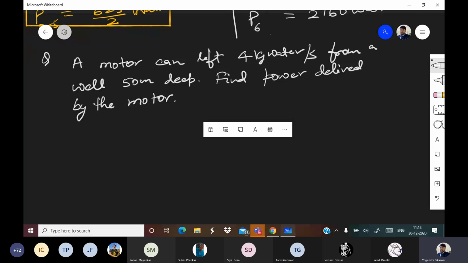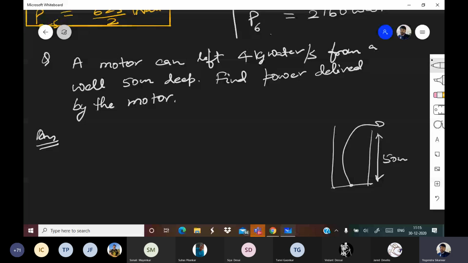Pay attention. So what is happening is that this is a well which is 50 meter deep, and water is lifted from here to the top. So when water is lifted, work done is mgh.